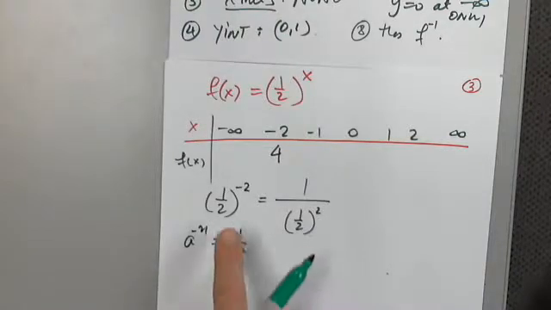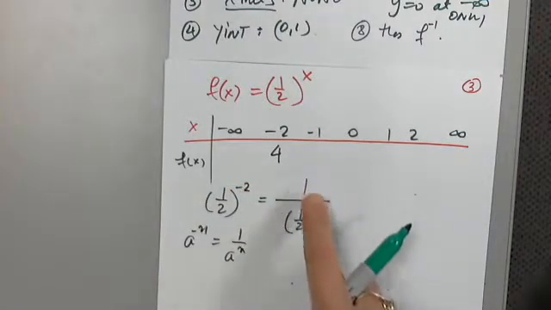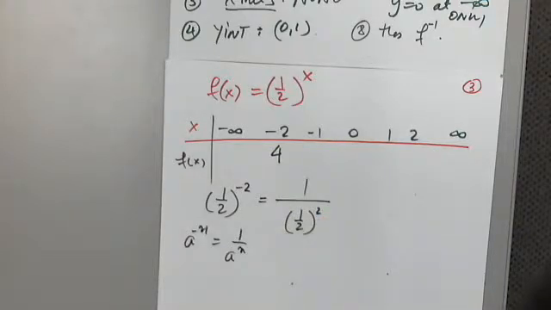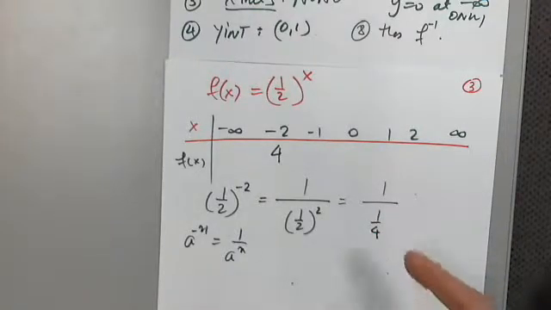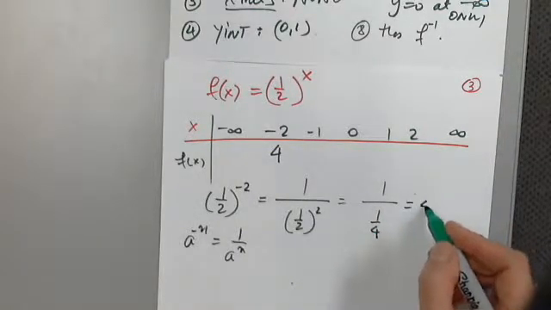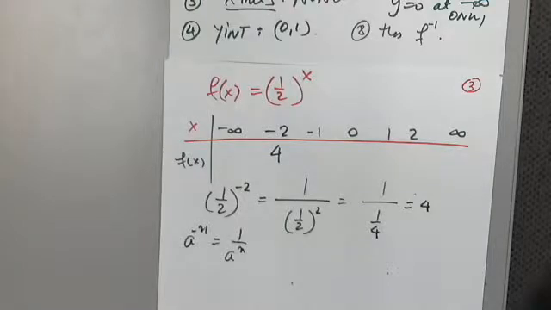That's how I wrote it. A to -2 equals 1 over a to the second power. Now I have 1 over 2 times 1 over 2 is 1 over 4. When I divide by a fraction, I have to flip the fraction and I get 4. Better? Perfect.